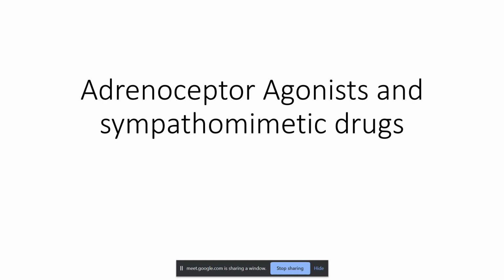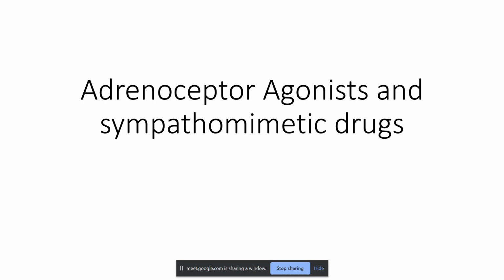Both sympathomimetics, direct and indirect, cause activation of adrenal receptors. The pharmacologic effect of direct agonists depends on the route of administration, the relative affinity for adrenal receptor subtypes, and the relative expression of these receptor subtypes in target tissues.